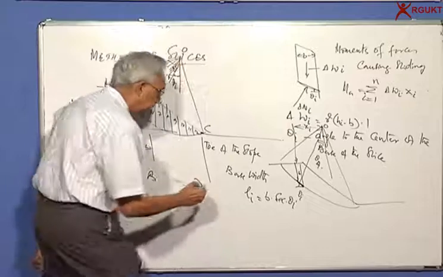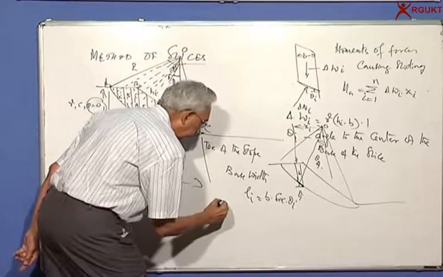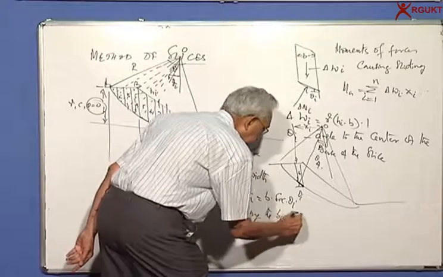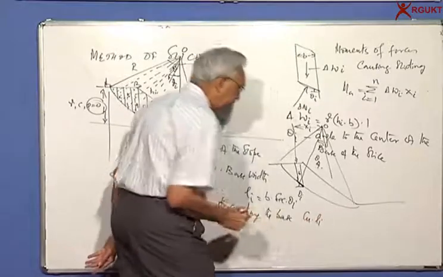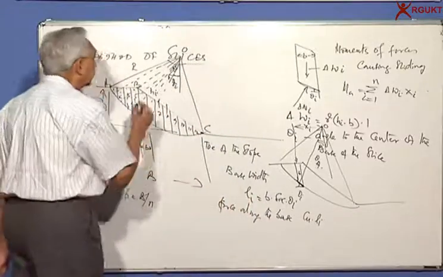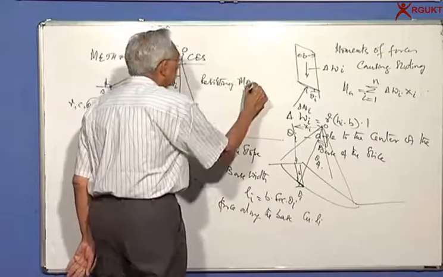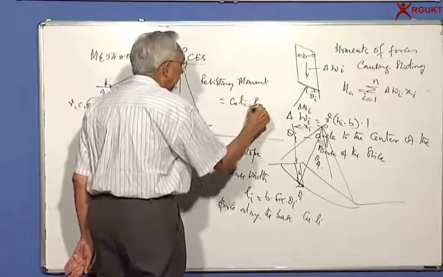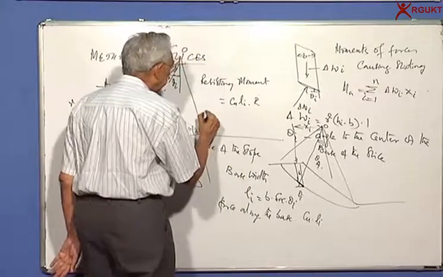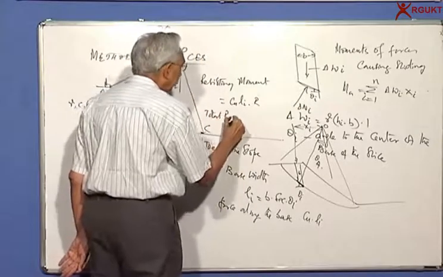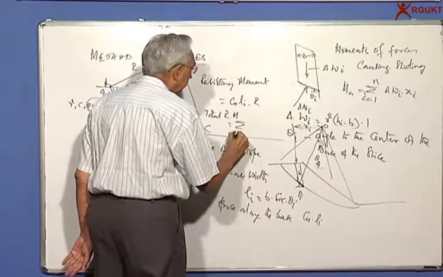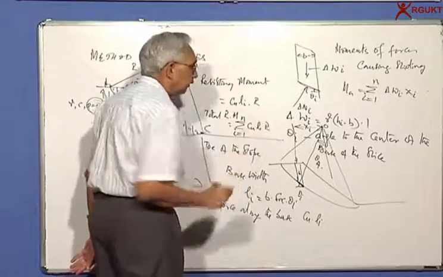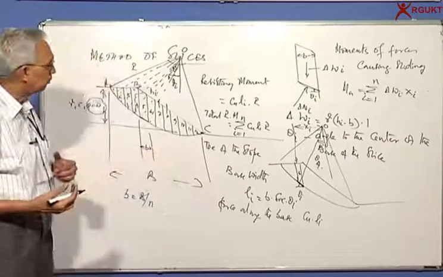So the cohesive force along the base is equal to Cu into Li, and the resisting moment due to this force is equal to Cu Li into R. And if I want the total resisting moment, it is equal to sigma i going from 1 to n of Cu Li R.